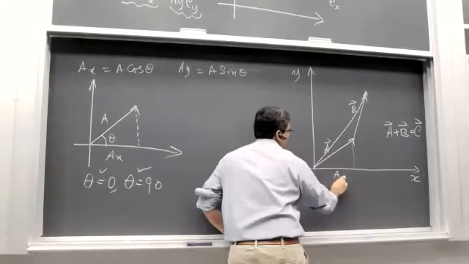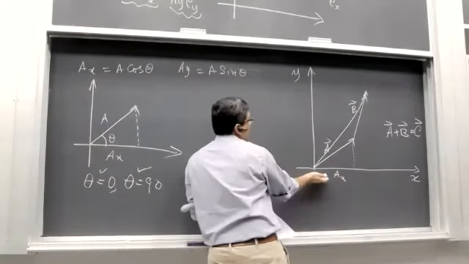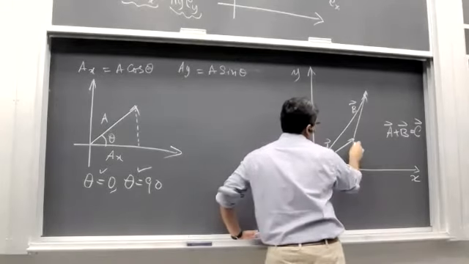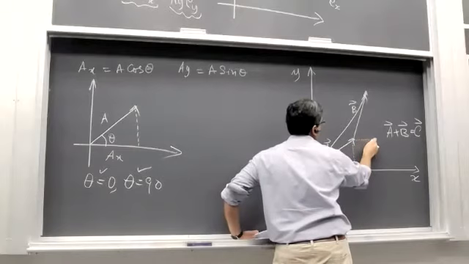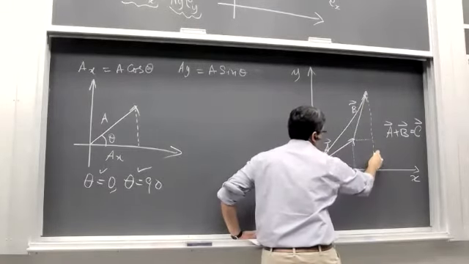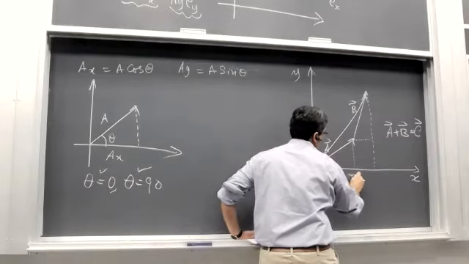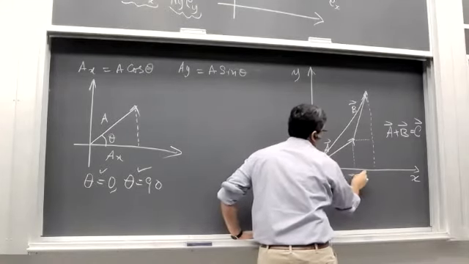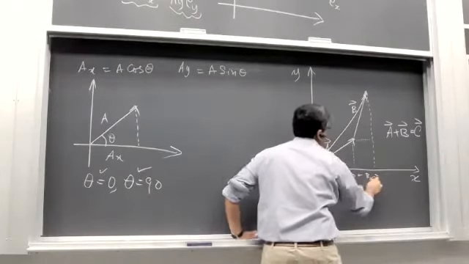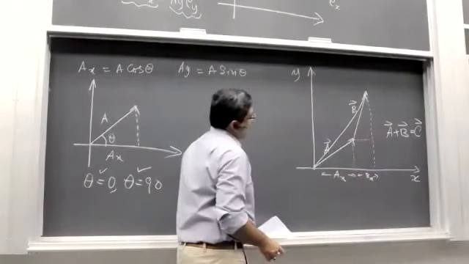This is Ax, the X component of vector A, and this would be Bx, the X component of vector B.